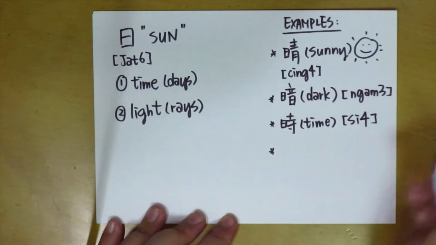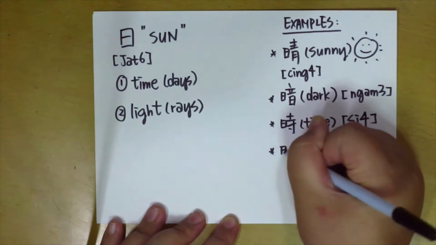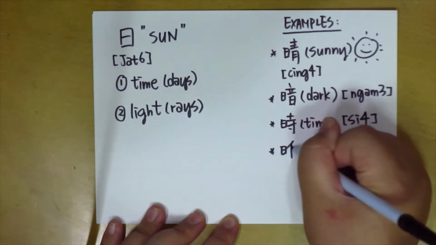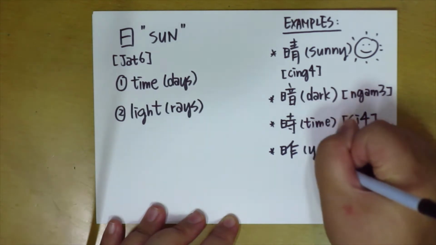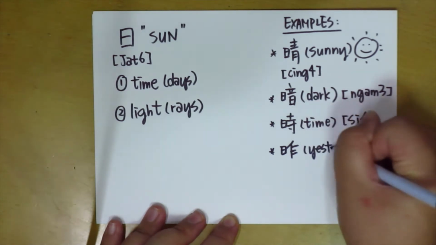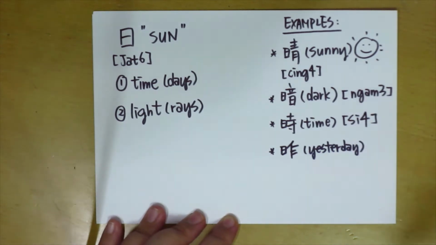The last example for this radical is jaw. Jaw is yesterday. Well, it doesn't necessarily mean day, it depends on which part of the day that you put right behind these characters.